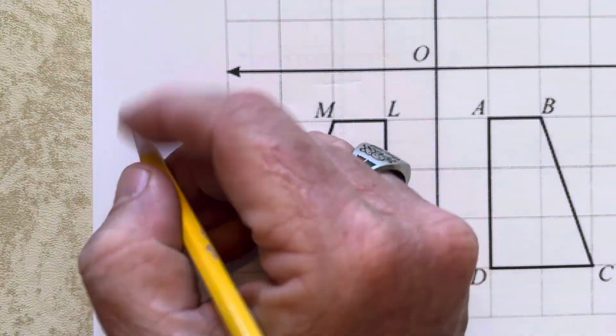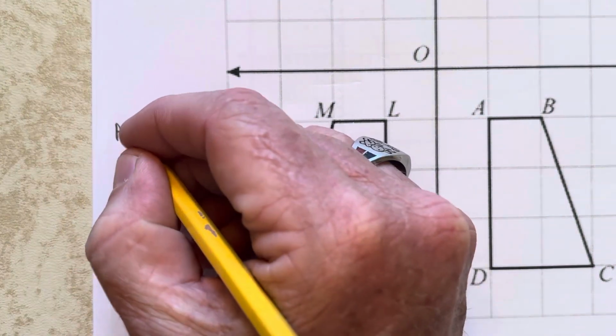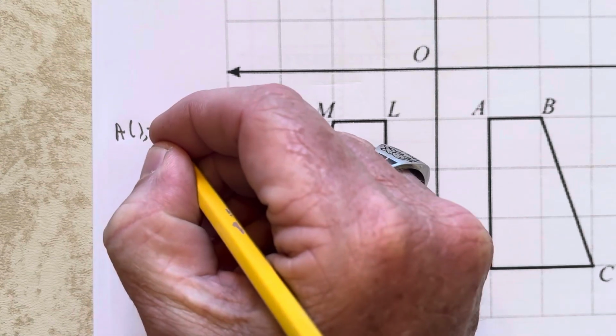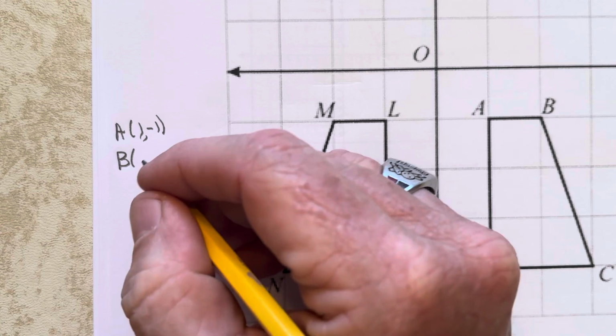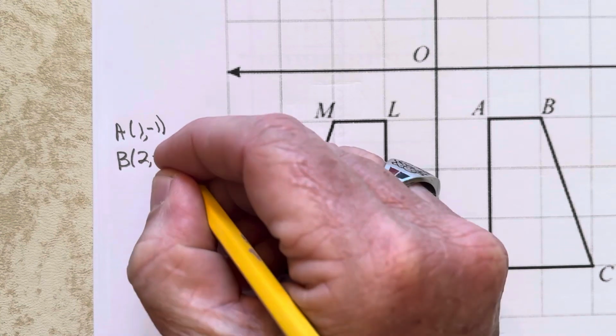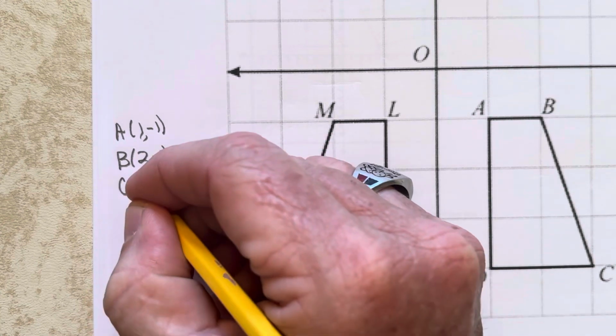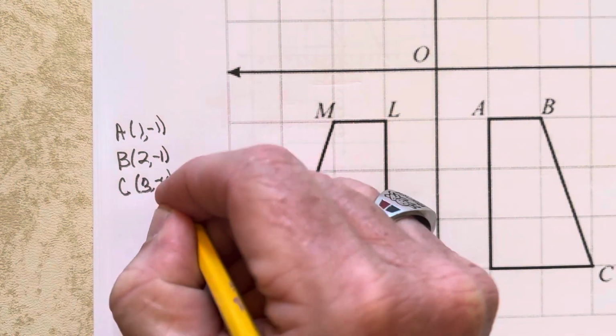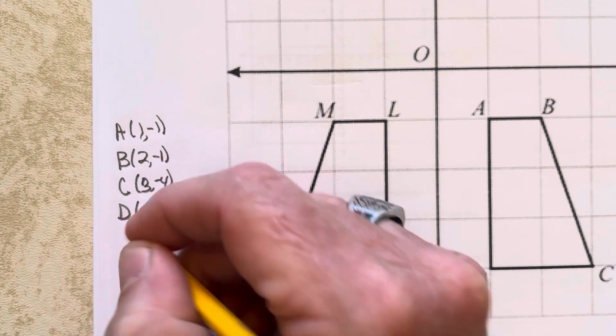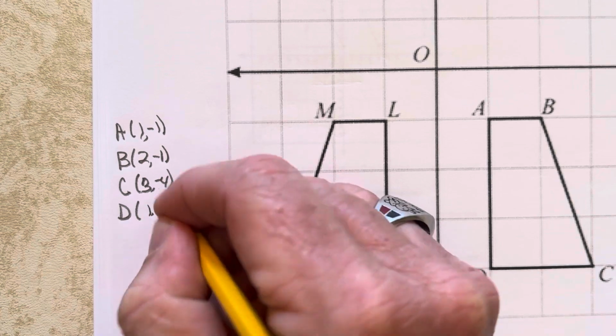So I said A was located at 1, -1, right? B is located at 2, -1. C is located at 3, -4. And D is located at 1, -4.